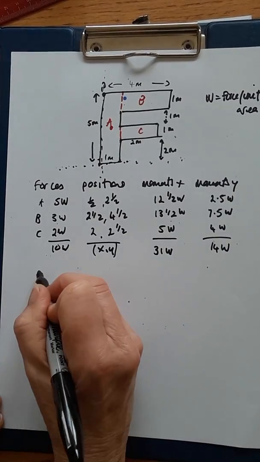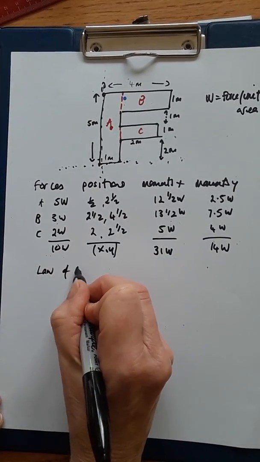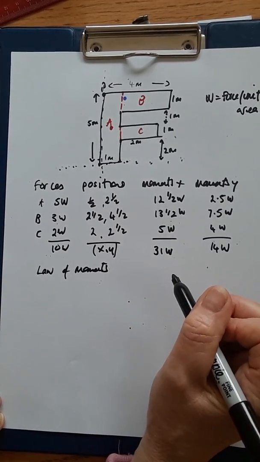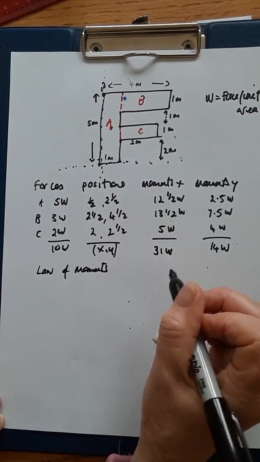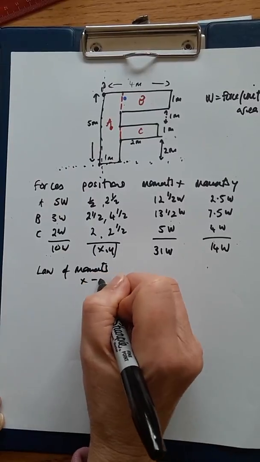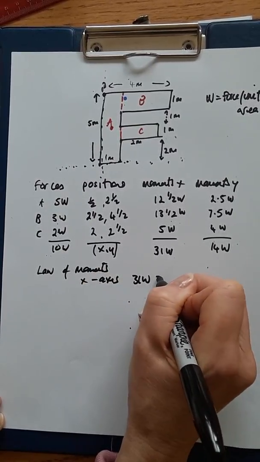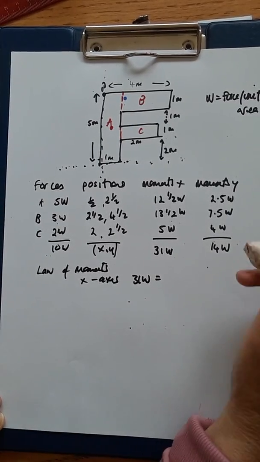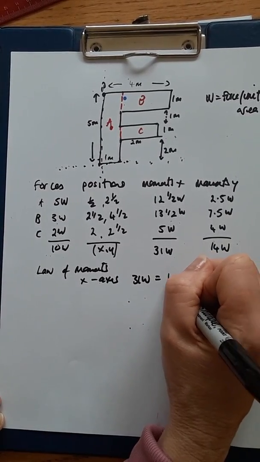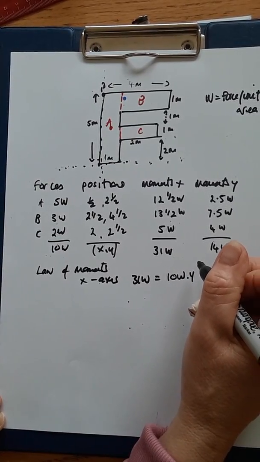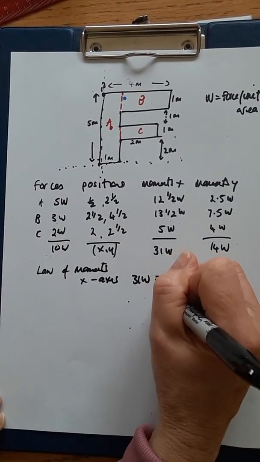Okay, then I'm going to do the law of moments. The sum of the moments equals the moment of the sums. The sum of the moments about the x-axis, that's going to be 31W, is equal to the moment of the resultant about the x-axis, which will be 10W by y, which means that y is equal to 3.1.